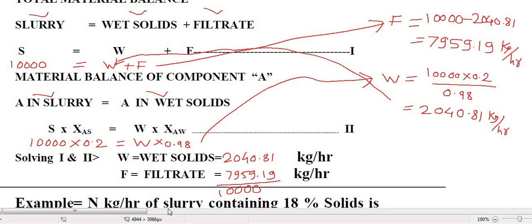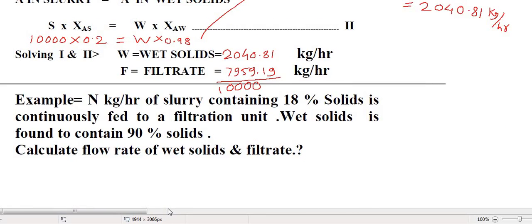Now I have explained the filtration operation and solved one problem related to it. Now you please solve this one problem. Here you take S equal to 5,000 kg per hour slurry amount and calculate the amount of wet solids and filtrate.